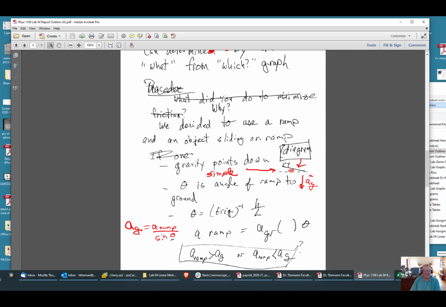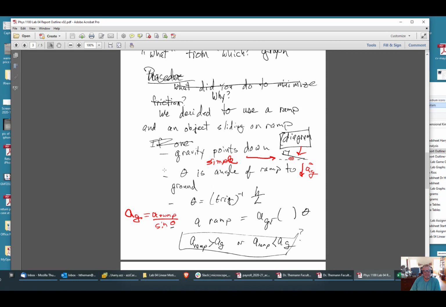And then if we assume that gravity points down at all times, you make this diagram where we use the angle, and you show how the acceleration of the ramp relates to the acceleration of gravity. We're going to measure the acceleration of the ramp, and then we can translate that into acceleration of gravity.